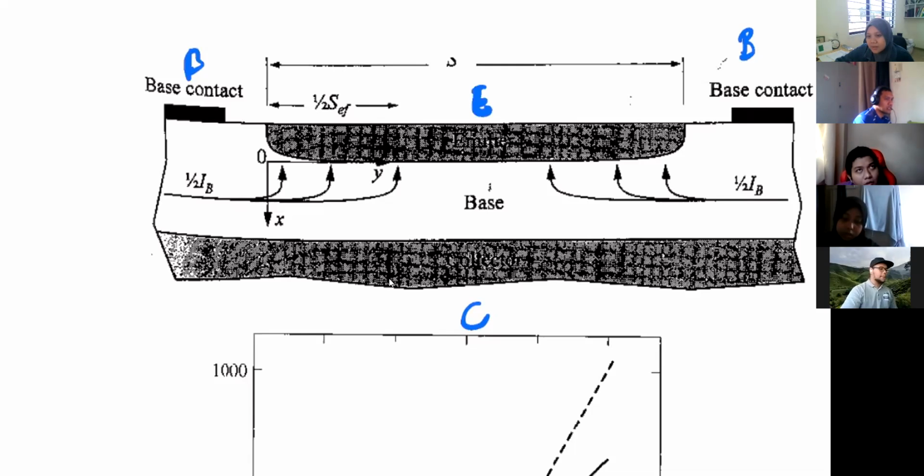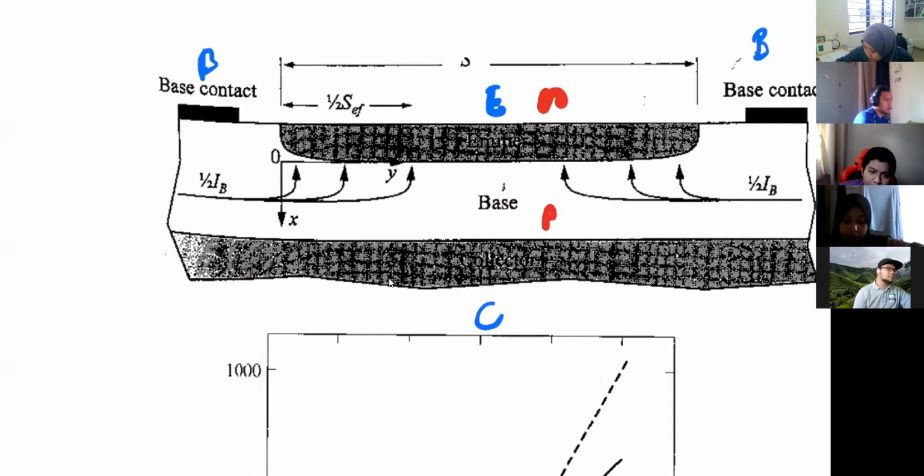So saja je saya tanya. So we have a lot of current. So it means that this is the emitter, and let's say this is NPN: N, P, N. Okay, it's an NPN.